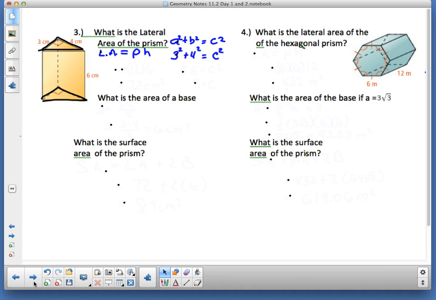Do I have all I need? The first thing I needed was perimeter, perimeter of my base. I'm just here until I get 5. Right now I have 3 plus 4 plus 5, which is 12. So P is 12.